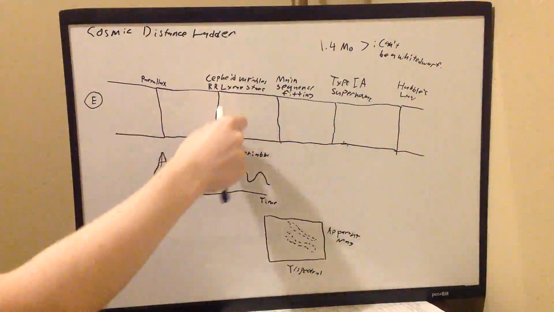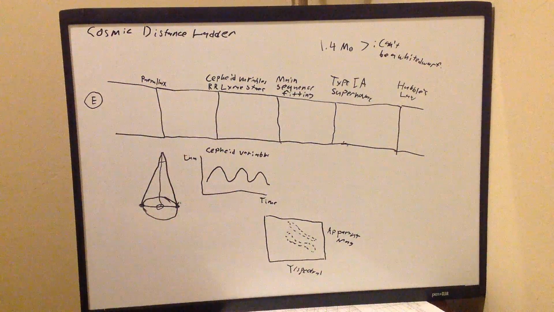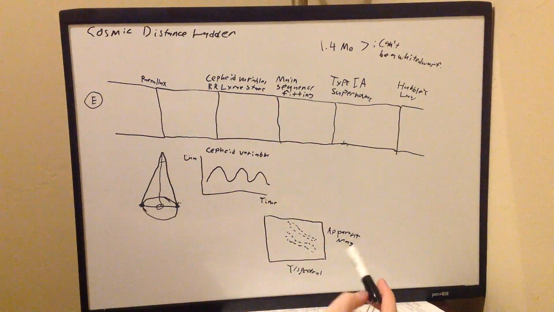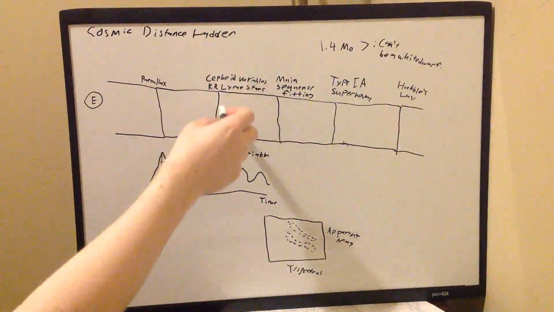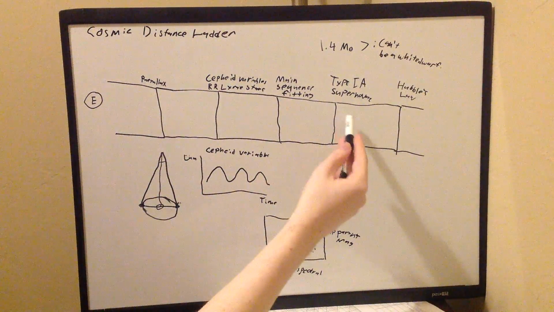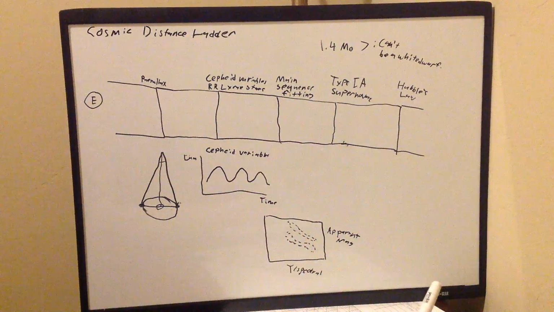We estimate these in part based on our estimation of this. And the same is true: main sequence fitting, the distances we get from that are in part based on the distances we get from this, and the distances we get from type 1a supernovae are based on the distances we get from main sequence fitting.